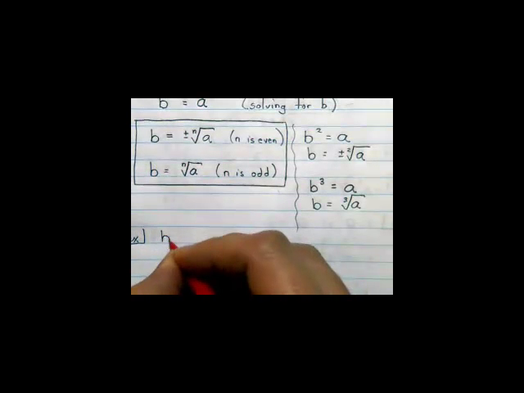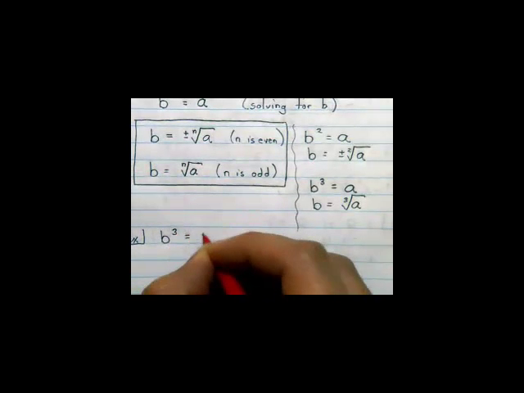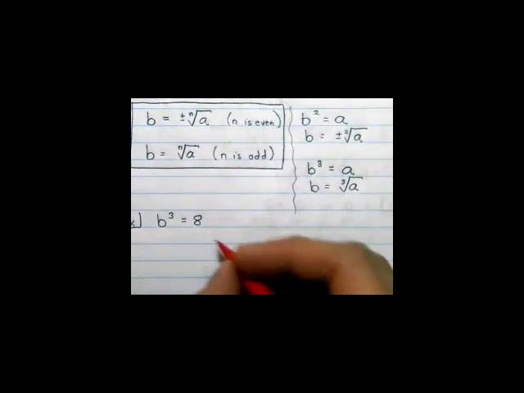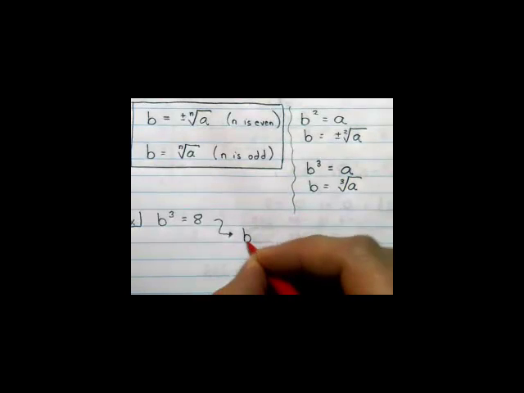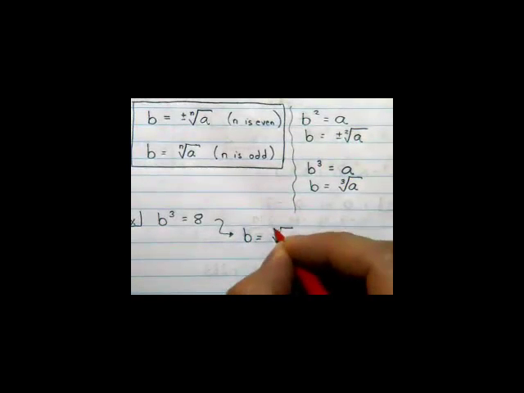Let's say we've got b to the third equals 8. So is n even or odd on this one? It's odd, right? n is 3. The power is 3. So if I was going to solve this one then, b would be then the cube root of 8.